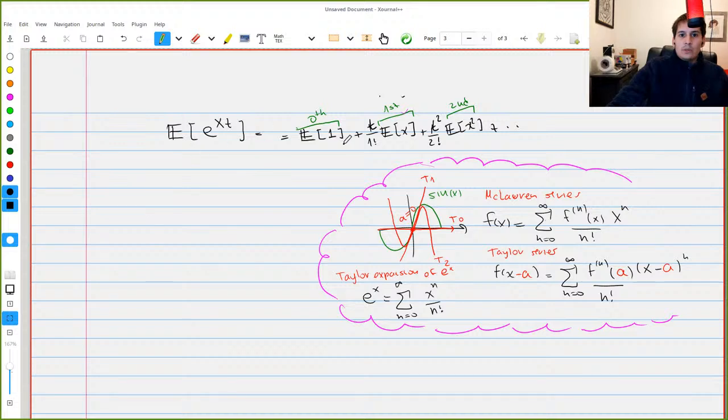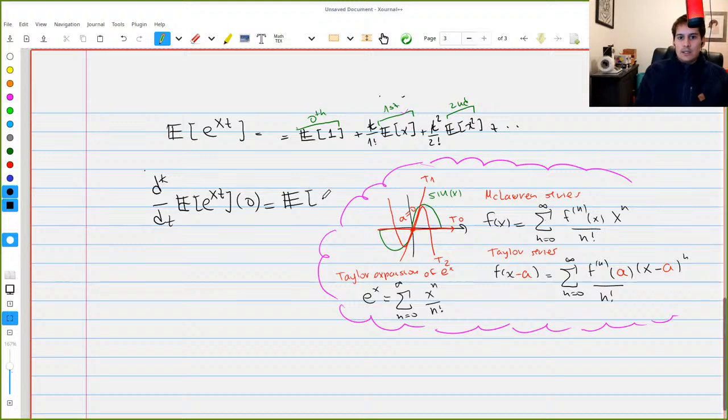So now if you do the derivatives and so on, you can see that when you take the kth derivative of this function and then evaluate at 0, basically what you're getting is the kth moment.